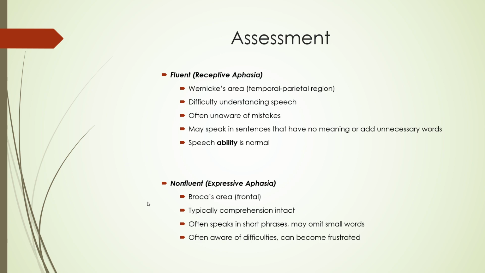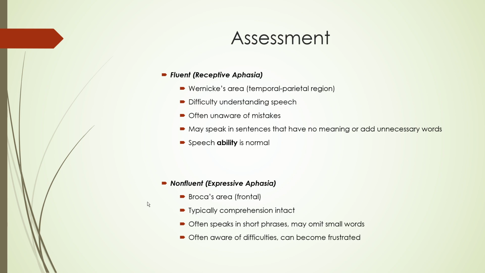So they're having difficulty understanding what other people are saying. They're often unaware of that, and they may speak in sentences that have no meaning or add unnecessary words, and it's because they're not receiving the information appropriately. Now, it's important to note that their speech ability is normal. They have the capability of speaking normally, but it's often not what they should be saying because they're not receiving the information correctly.